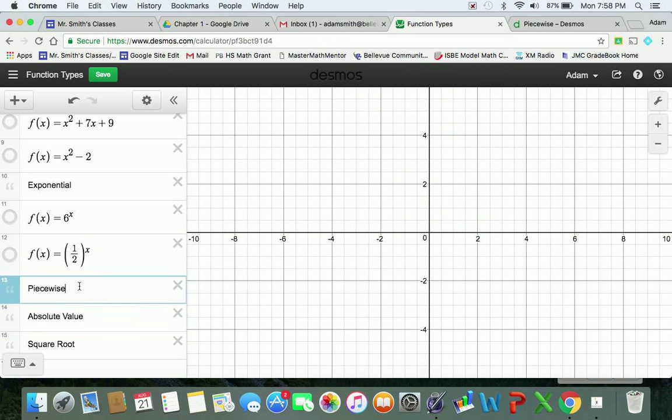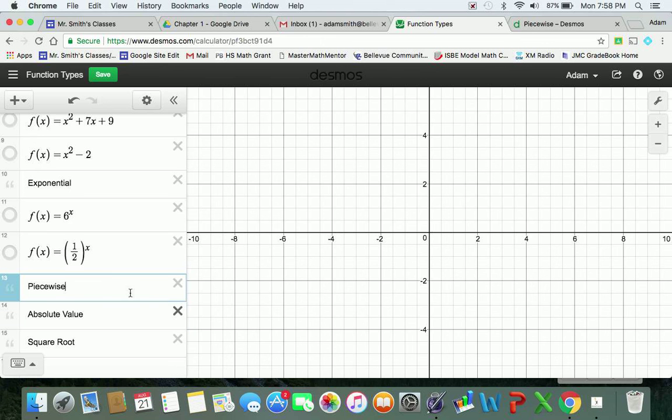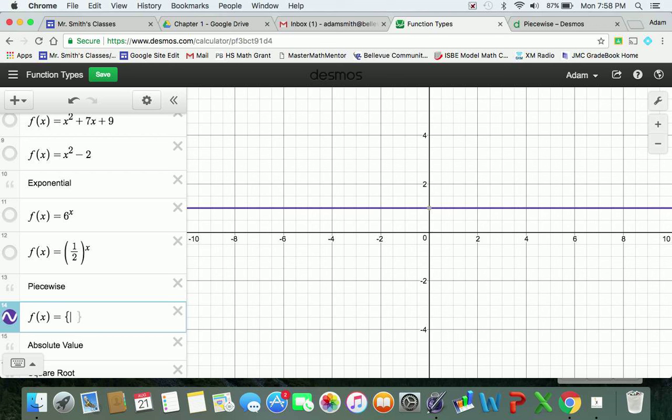Okay, piecewise functions are the functions we just discussed in your notes from last night. So f of x equals, and this is going to look pretty unique, different from the way you might be used to. So let's say for x is greater than 0, we will say cosine of x, and for x is less than -2, we'll just output -4.